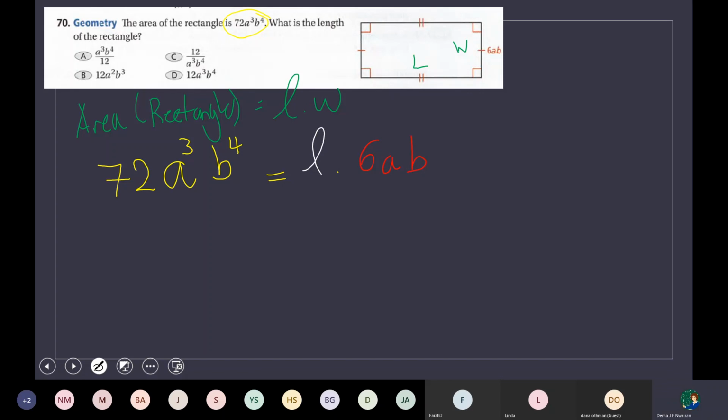How can we find now the length? Who can tell me? By dividing 72 by 6ab? Yes, by dividing, it's true, but not 72.